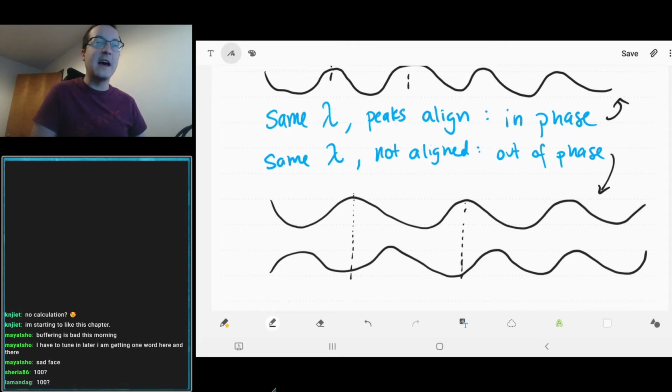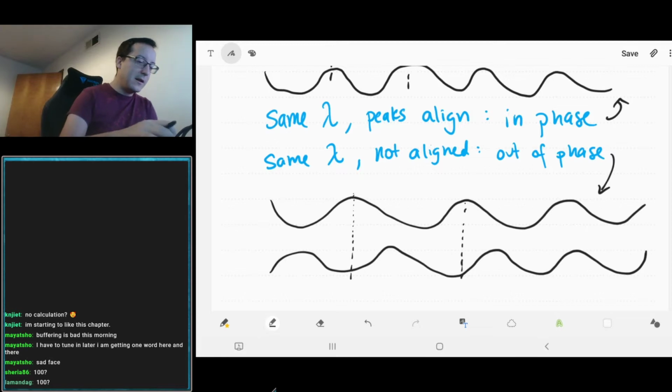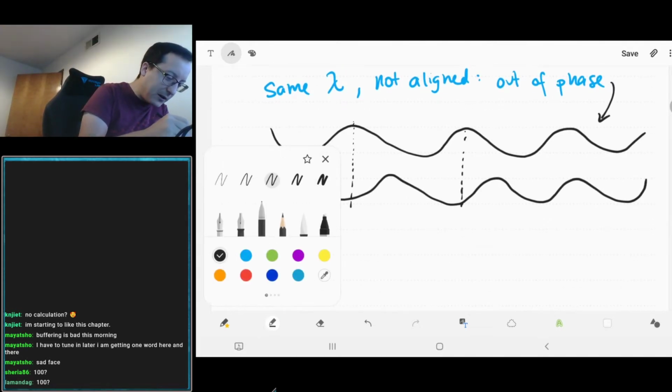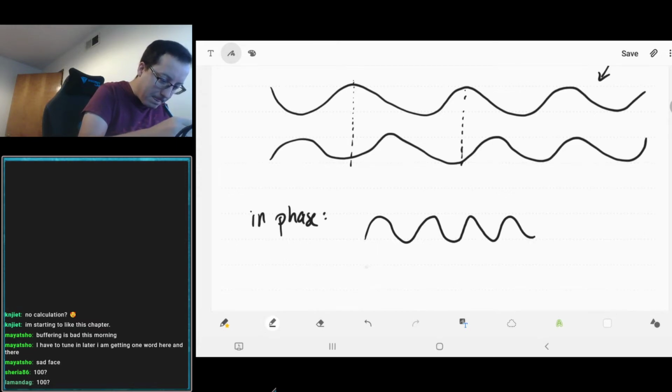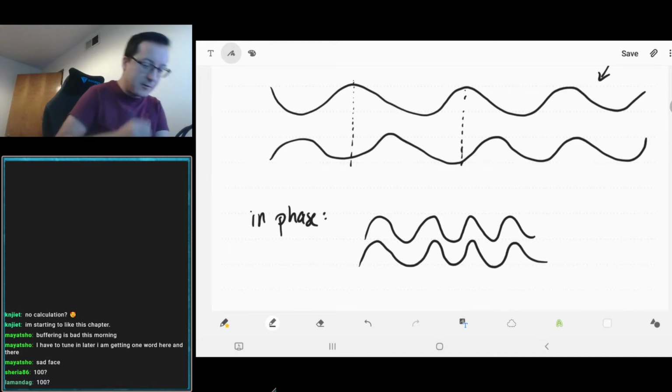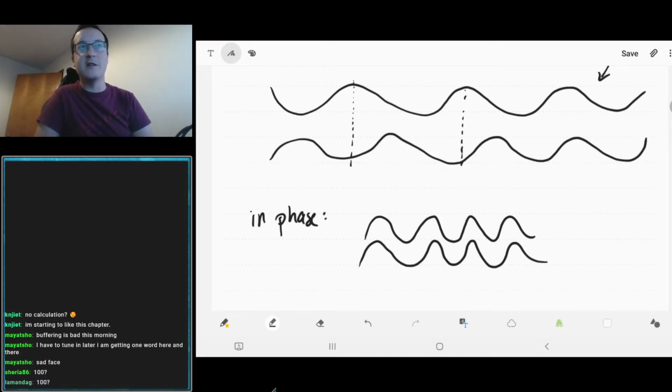And so waves actually can interfere with each other. And so if we have in-phase waves, okay, let's see. Again, my drawings suck, but let's pretend those are in phase.